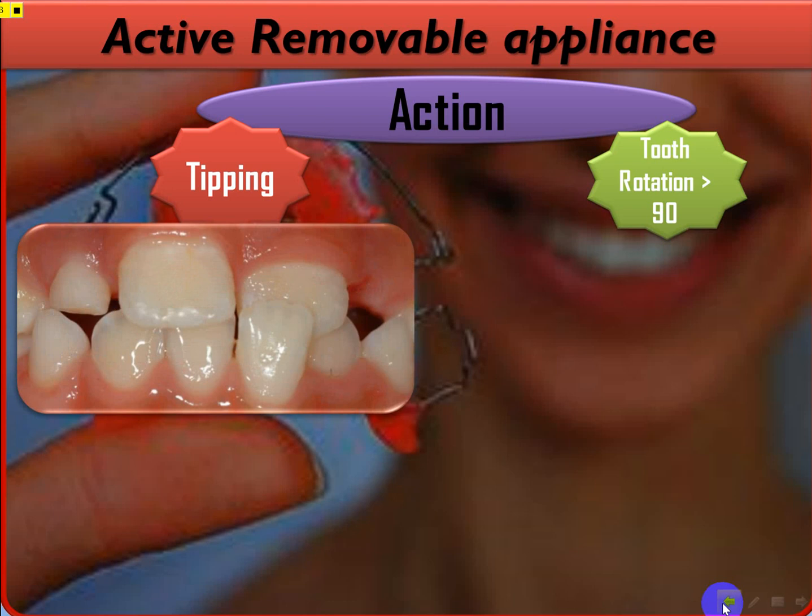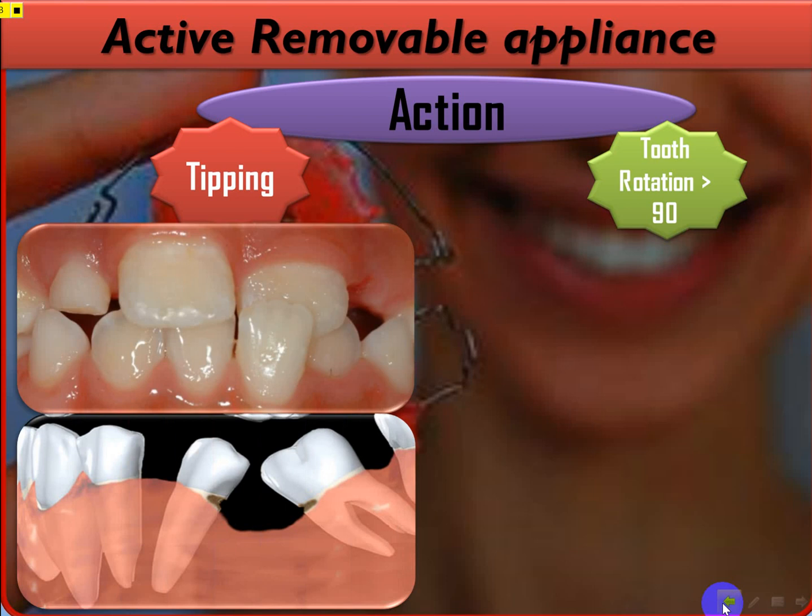The tipping movement will be either in labial direction or buccal direction, like this tooth in standing cross-bite, or tilting teeth, which we need to move in mesial and distal direction.